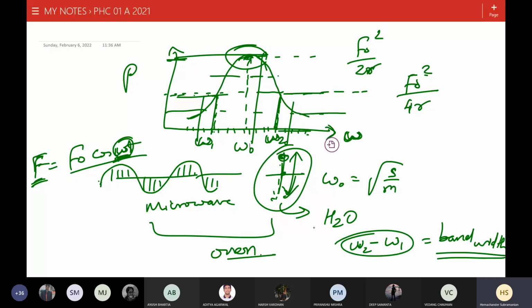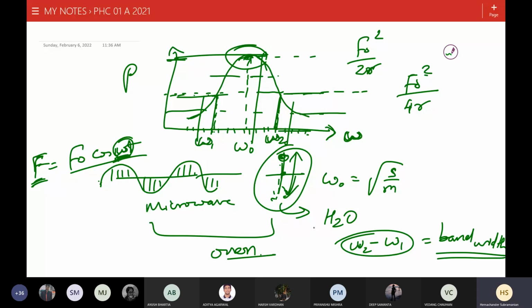So if you want a device to operate over many cycles without much dissipation, you want high Q factor. What we've been arguing is that if you want a microwave oven, a radio, an antenna, or whatever device to operate well, you want the resonance to be sharp, which means you want the bandwidth to be small.